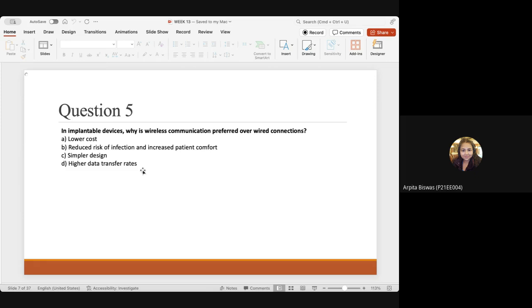In implantable devices, why is wireless communication preferred over wired connection? First is lower cost. Second is reduced risk of infection and increased patient comfort. Option C is simpler design, and option D is higher data transfer rate.